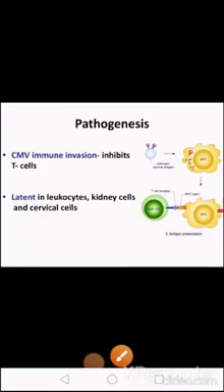Pathogenesis of cytomegalovirus. Normally, antigen, which is a virus in this case, is processed through an antigen presenting cell after being taken up, and then it is presented with the help of MHC type 1 complex. This MHC stands for major histocompatibility complex. This activates cytotoxic T lymphocytes or CD8 T lymphocytes.